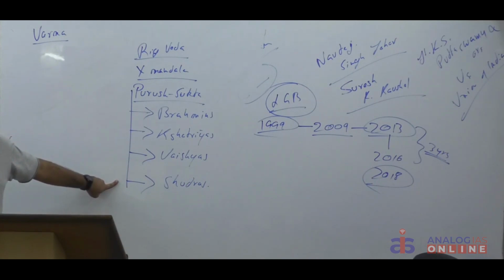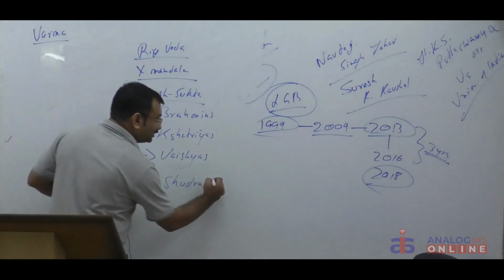How can any of them be untouchable? If you consider any of them as untouchable, what happens? You insult the Almighty. When you go to the temples, don't you touch the feet of the deity? So if Shudras are coming from the feet of the deity, how can they be untouchables? No, they are not. They are OBCs today.